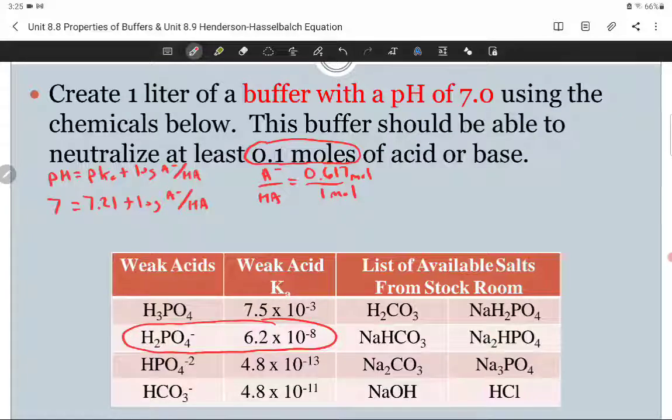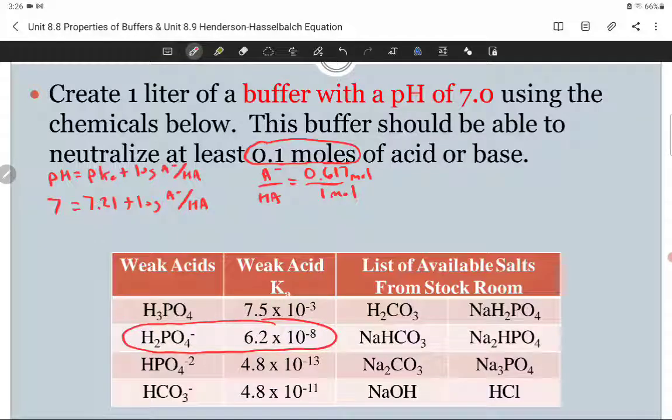And we can neutralize 1 mole of hydroxide with our weak acid that's in our ratio. So let's get those numbers down so that we have actually a ratio that's the same but much smaller numbers, closer to that 0.1 idea.